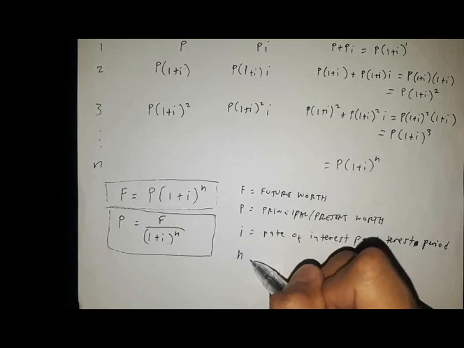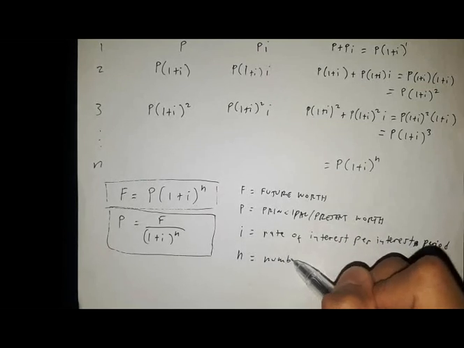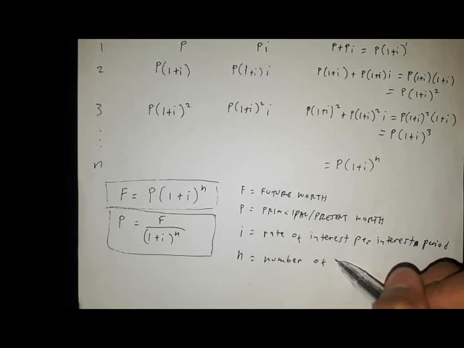We have n equals the number of interest periods.